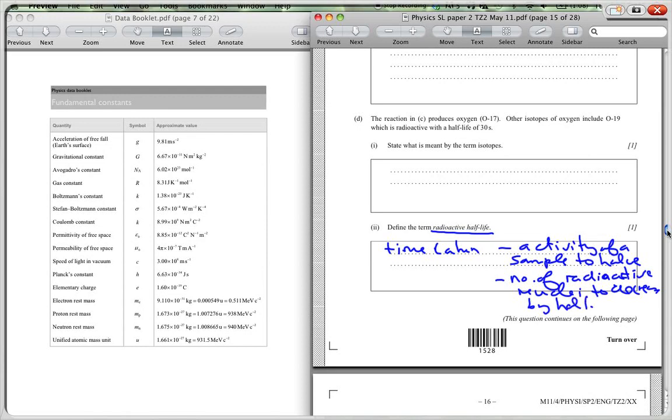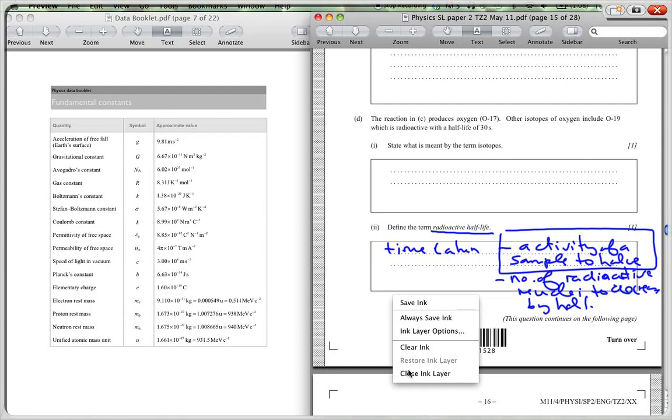Alright, so it can be viewed. I generally tend to like to view it in terms of activity. The activity, the number of disintegrations to go to a half, or the time taken for that to go to a half.